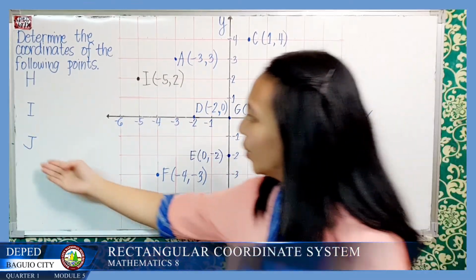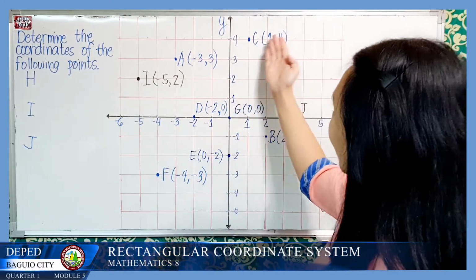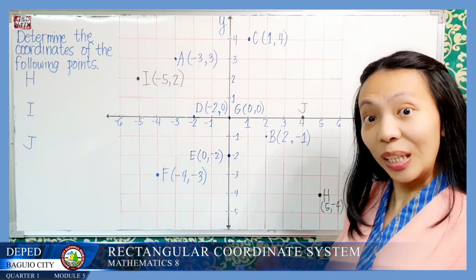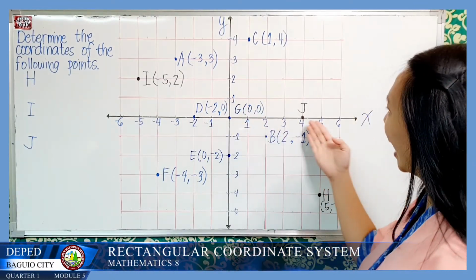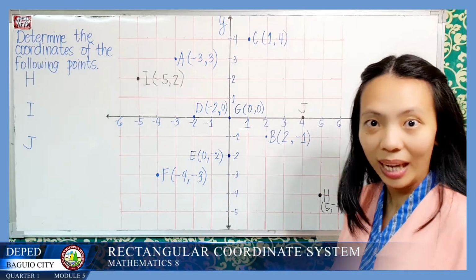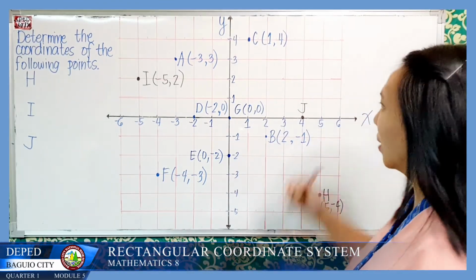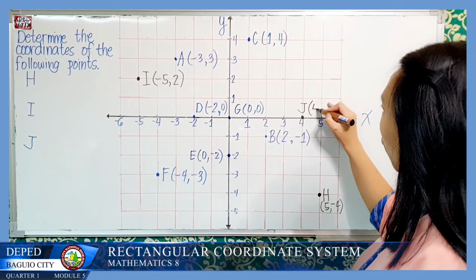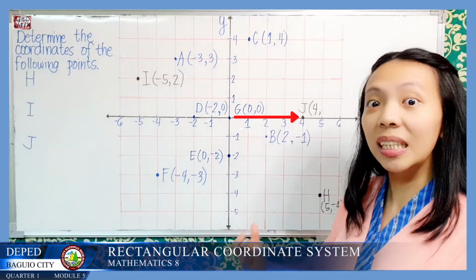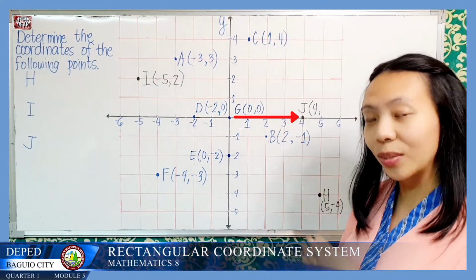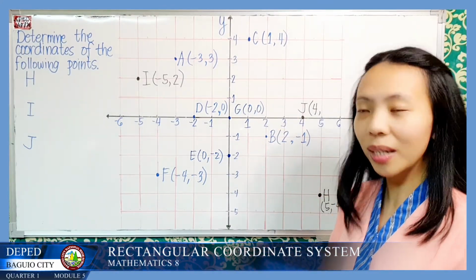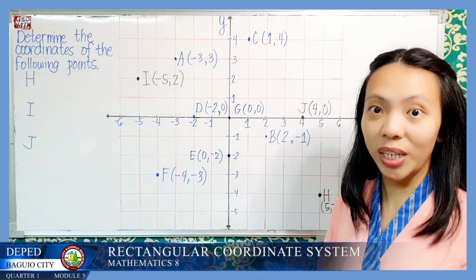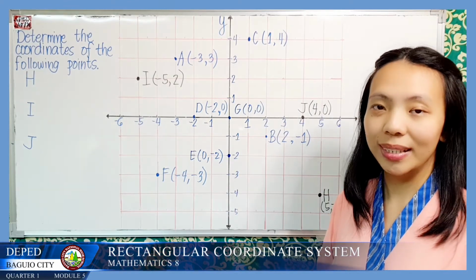And lastly, what about point J? Let's find out where point J is. Point J is here. It is a point which is located exactly on the x-axis. Its coordinates are the point on the x-axis, 4, and since it did not move up or down the x-axis, its y-coordinate is 0. The location of point J is 4, 0.